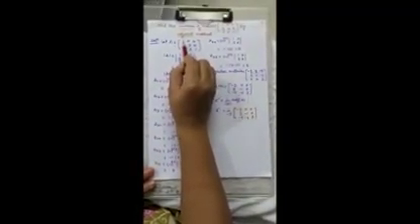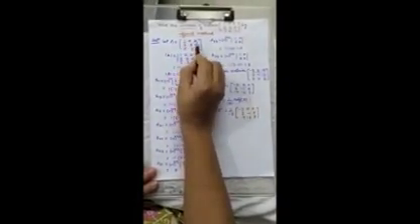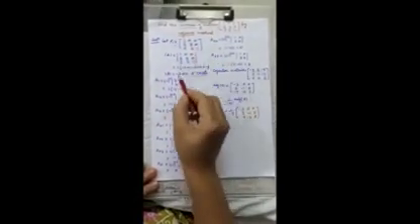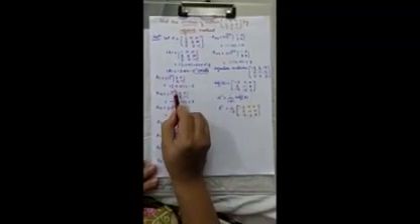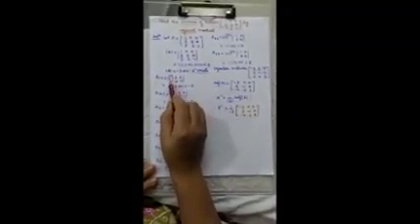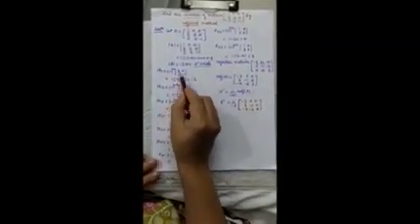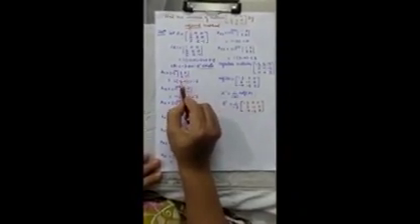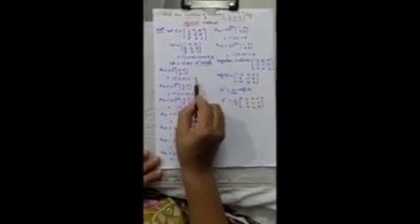This is the element whose cofactor we want to find out by striking off this row and this column. The remaining elements are 3 0 2 minus 1. Simplify this determinant. Minus 1 raised to 1 plus 1, since this is an even power, its value is positive, therefore it is 1. Simplification of this: 3 into minus 1 is minus 3, 2 into 0 is 0, so this is minus 3.